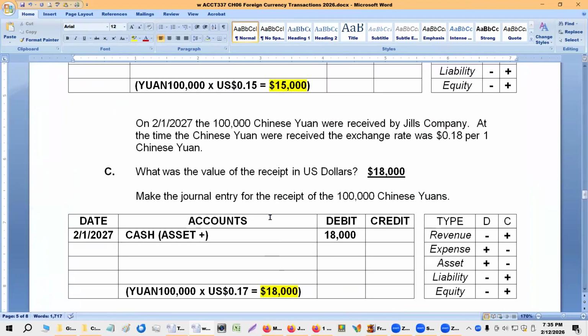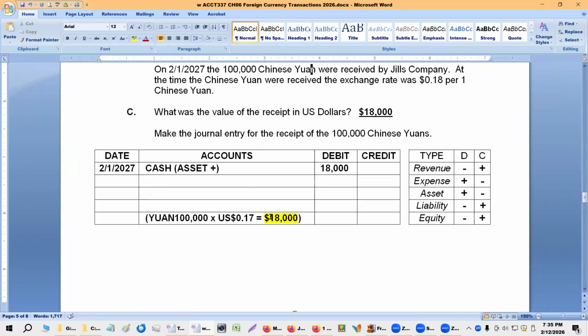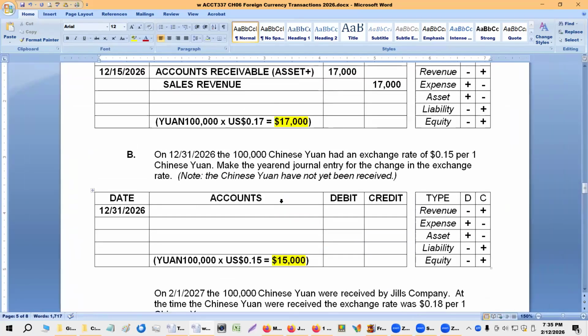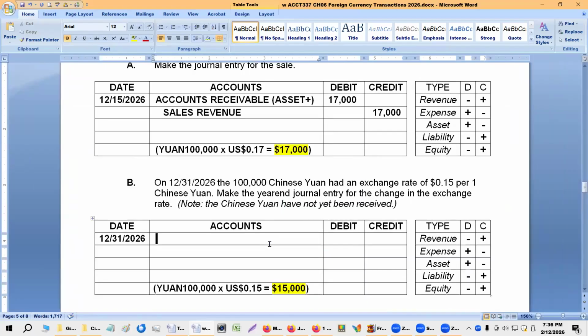Okay, what should be the entry for the 31st? So it'll be accounts receivable 2,000 and transaction loss 2,000. Yep, good.